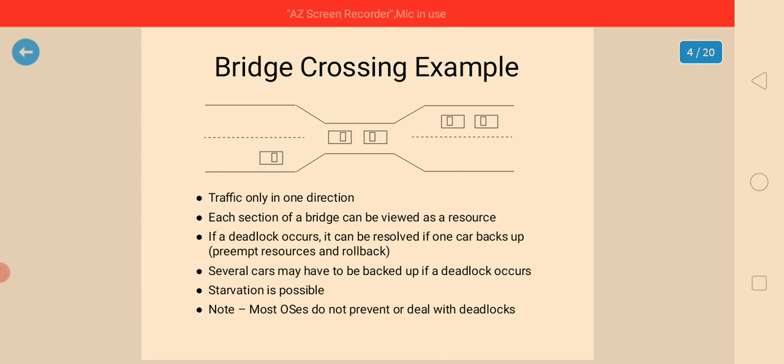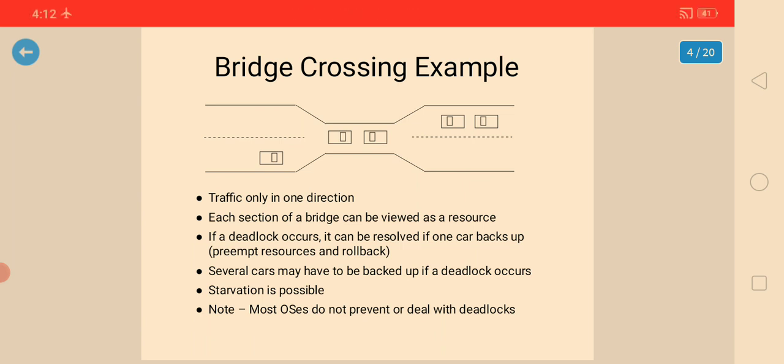If deadlock occurs, it can be resolved if one car backs up. There is a deadlock, but we can solve it. How? One vehicle or one car needs to back up, meaning it reverses and gives the other car a chance to pass.